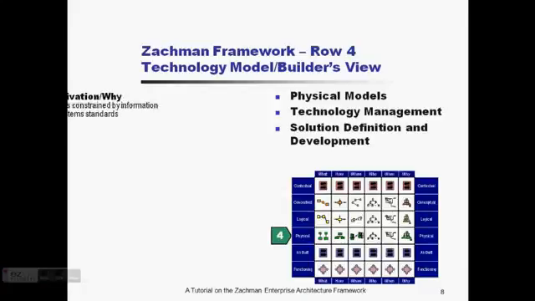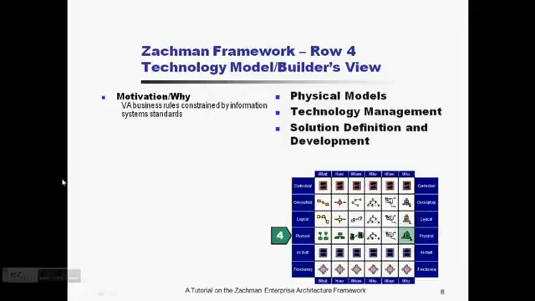The motivation is mostly business rules constrained by information systems standards. We're talking about what languages we use for a particular software implementation, and what kind of hardware and software components are needed throughout the organization.